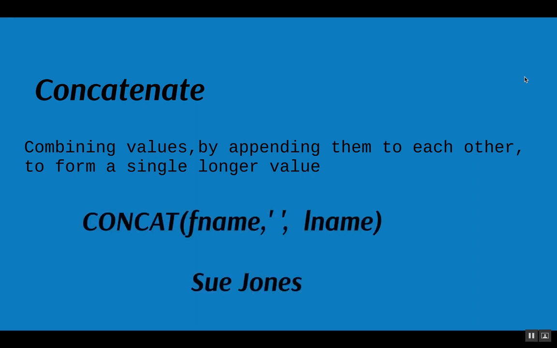For example, maybe we want to take the first and last name in our database and list them on a report. We can use the concat function with parameters being each value that we want to combine. The result of a concat will always be a string no matter what data is combined together. You could concatenate a string, a date, or an integer, but the result will always be a string.